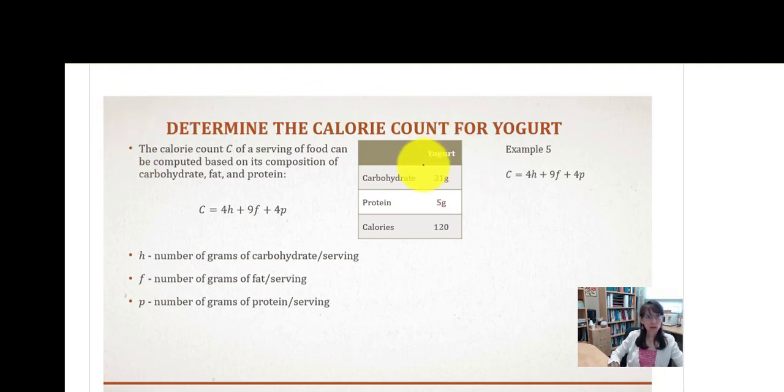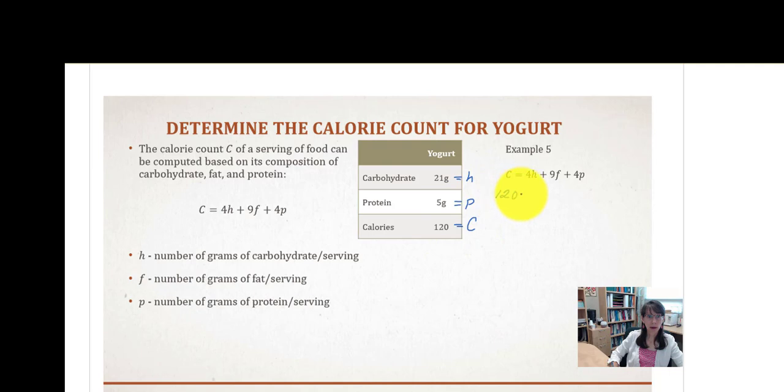So carbohydrates here, we're going to substitute 21 grams for H. Protein, 5 grams, so that is telling us what to substitute for P. And calories are 120, so we know the calories, or C, will be substituted with 120.